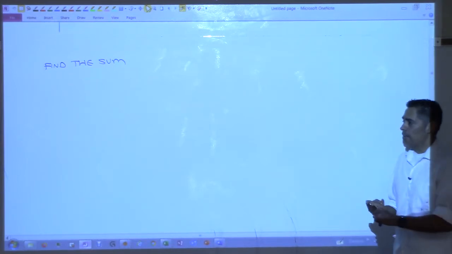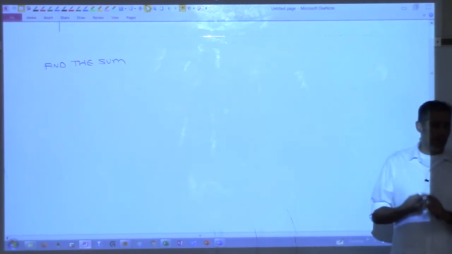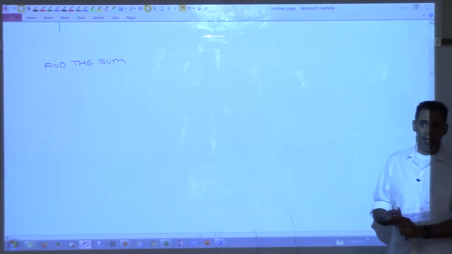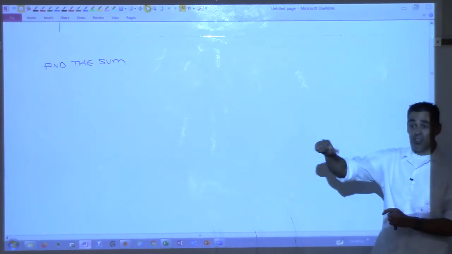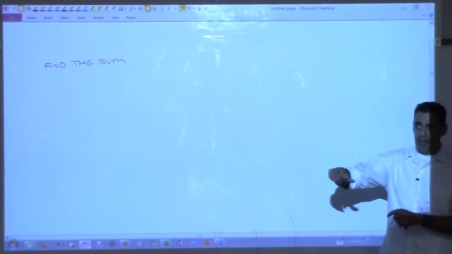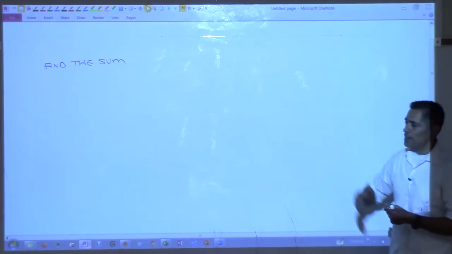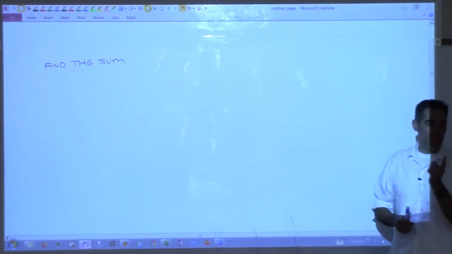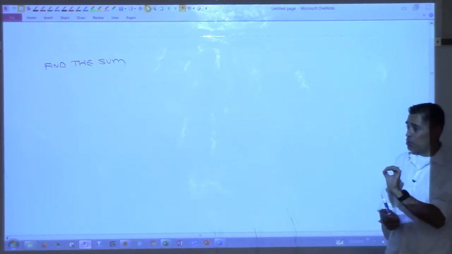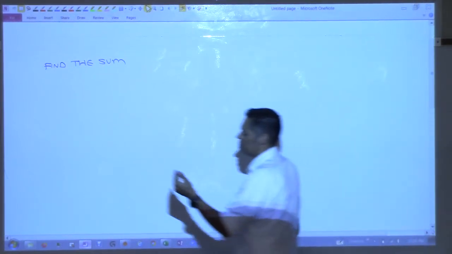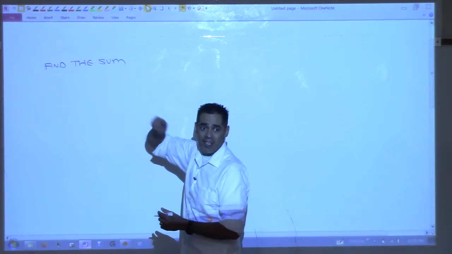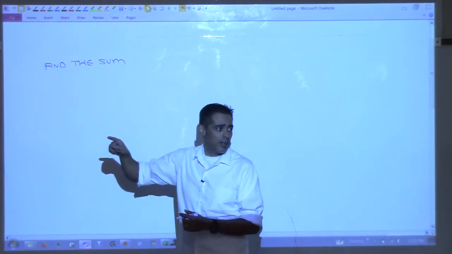Generally speaking, it's difficult to find the sum of an infinite series. We can tell if it converges or diverges, but finding the actual sum is not easy. So if you're asked to find the sum, you should assume that it's either geometric or collapsing, because those two we can find the sums of. So that's a key indicator on a test. If it says find the sum, you're either geometric or collapsing.